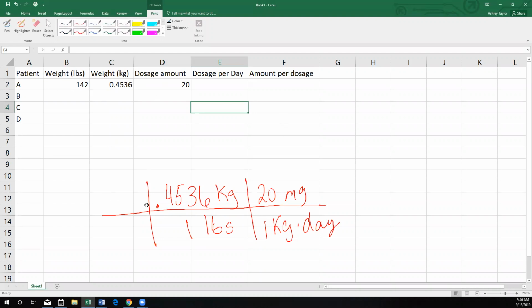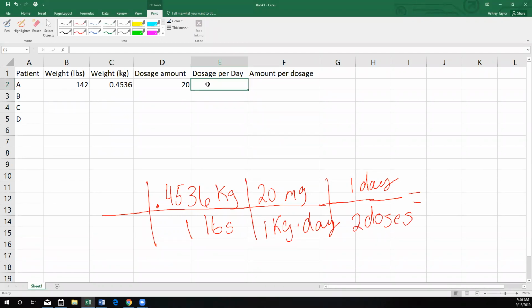So I'm just putting this conversion into Excel. Now dosage per day, remember I had in this piece, I had 1/2, 1 day, 2 doses. So I'm going to put 1/2 in this here.